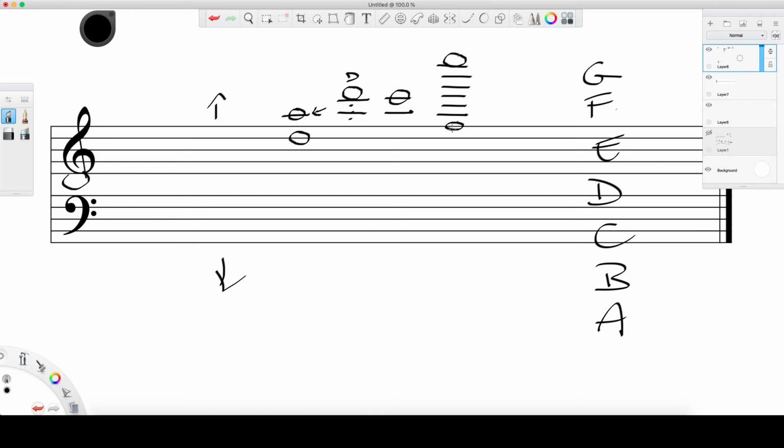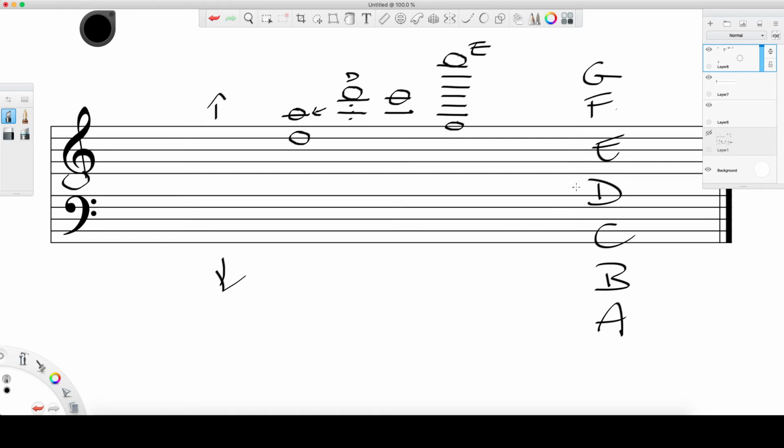So this is F. We're going up to G, back to A, then B, C, D, E, F, G, A, B, C, D, E. So this note is an E, a very high E. It's still an E, just using the alphabet.